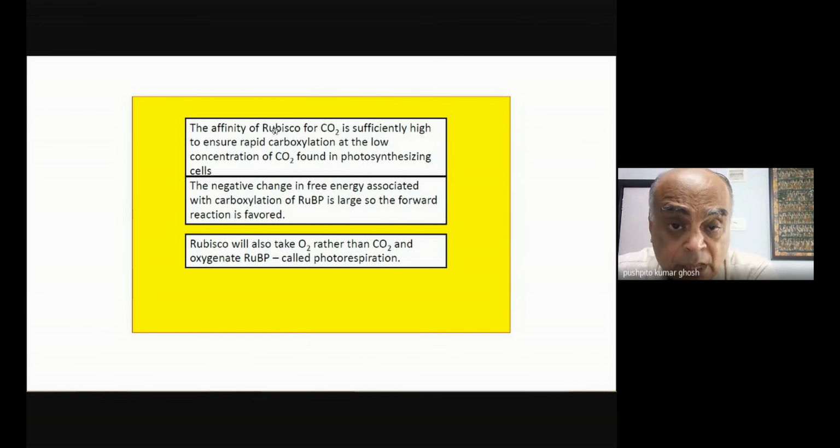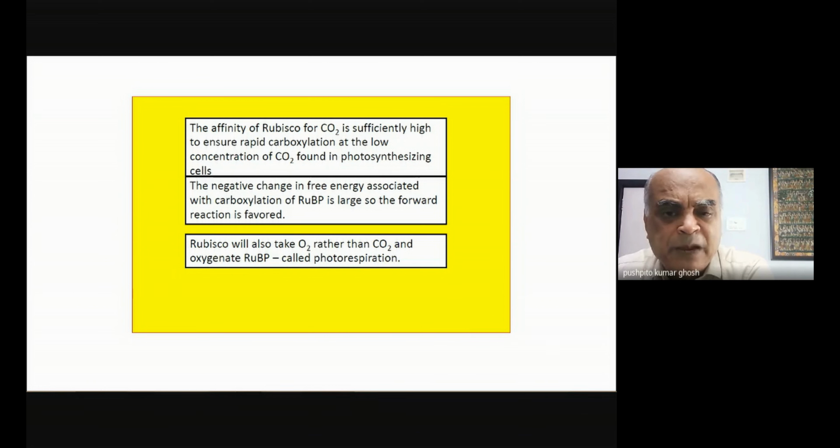But remember also that Rubisco does not just have an affinity for CO2. Rubisco can also react and interact with oxygen. So you need to be very careful in keeping the oxygen levels quite low.